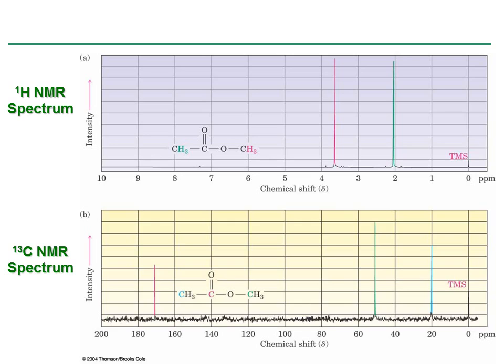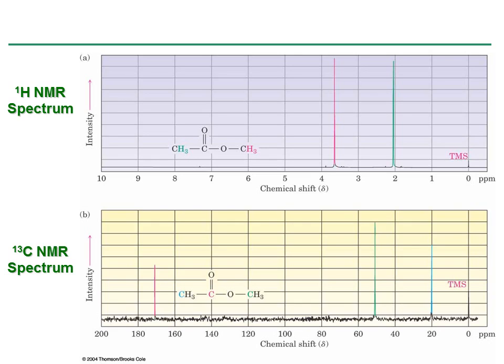This difference is because the carbon atom is larger than the proton, so it needs higher energy to flip when we apply an external magnetic field. Also, the y-axis gives an idea about intensity.